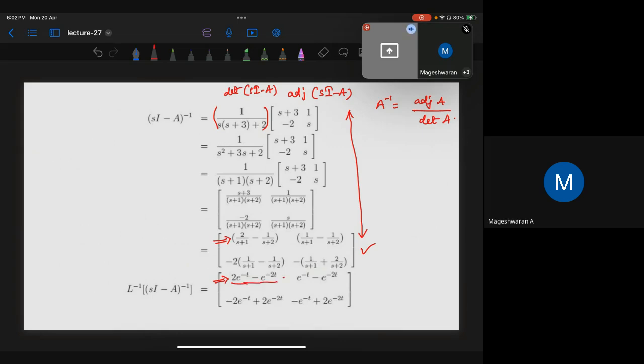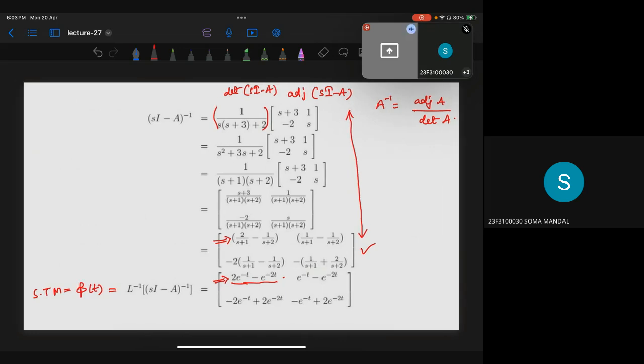Yes or no? Similarly for all the terms. So this is your phi of t matrix. Any doubt in this? Finding the state transition matrix: given A and B, given the state space representation, you can find this phi of t.